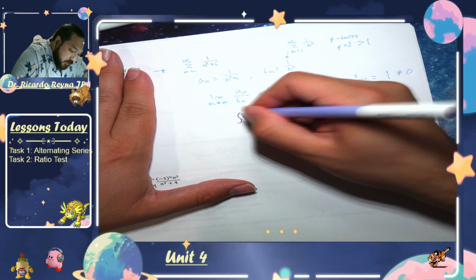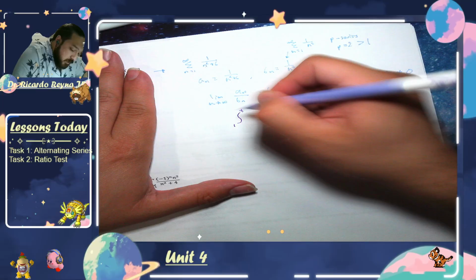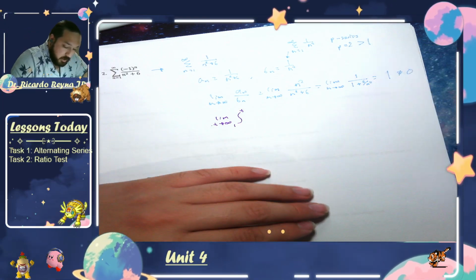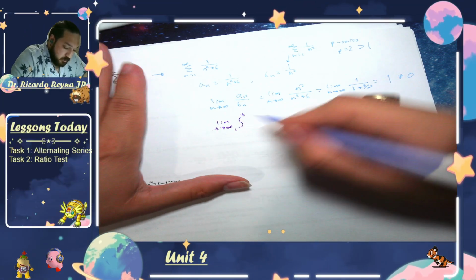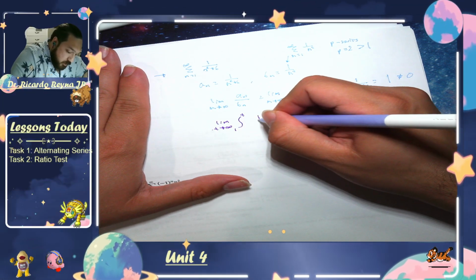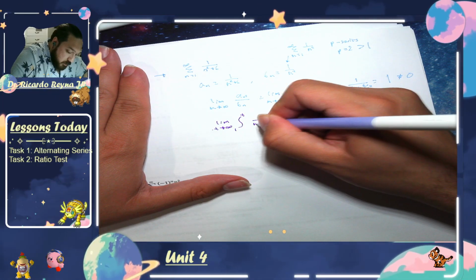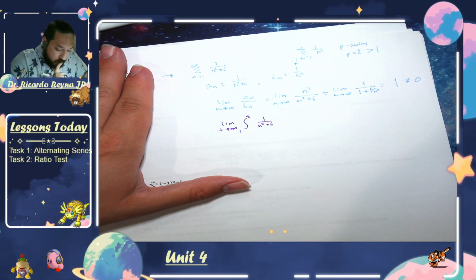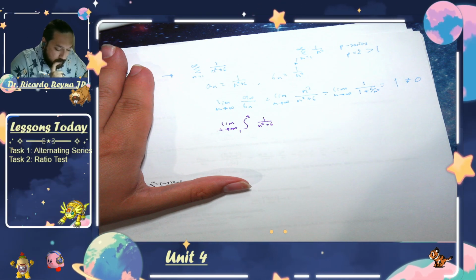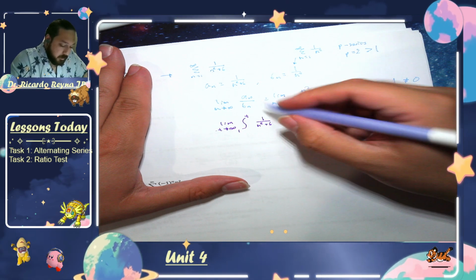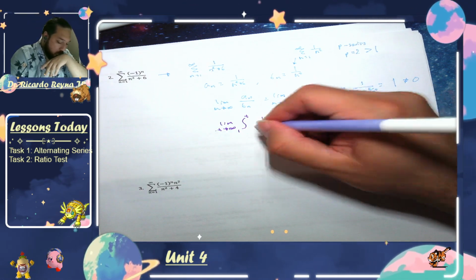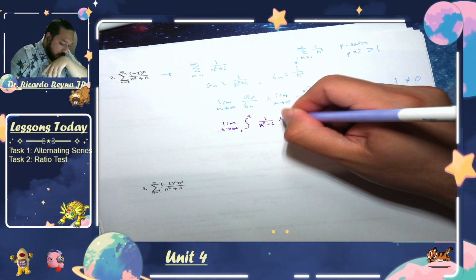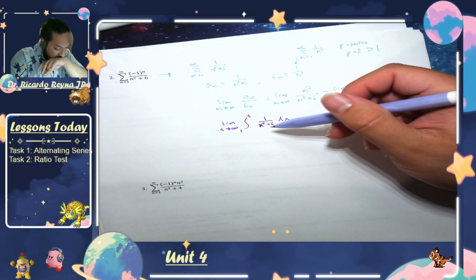So the integral test from 1 to t, where the limit as t goes to infinity, of 1 over n squared plus 6. Let me see, can we do this integral right away? It feels like you could have.